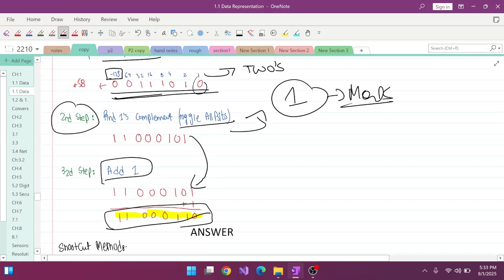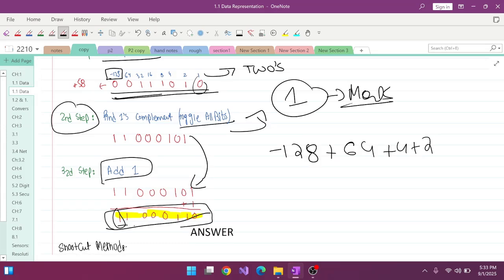If you want to confirm that, you will write down the on bits, but you have to remember that the most significant bit will be negative. So negative 128 plus 64 plus 4 plus 2. After solving, what answer will you get? Negative 128 plus 64 is equal to negative 64.